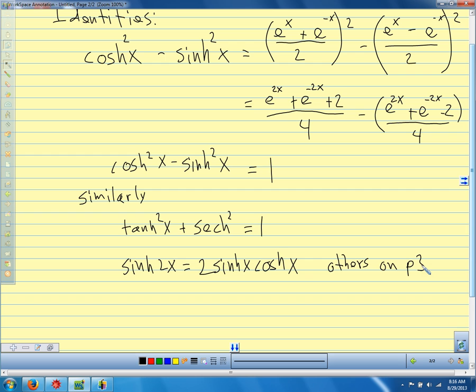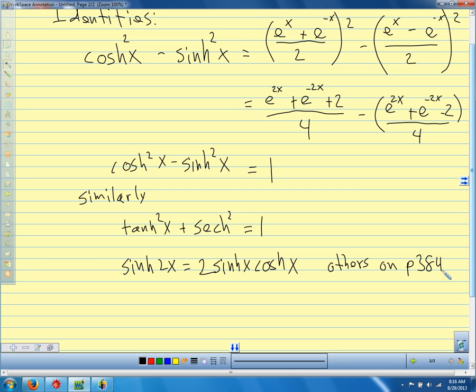I have the page written from the old book. 384 lists hyperbolic identities. And they all come from starting with the definitions and just manipulating those trig functions.